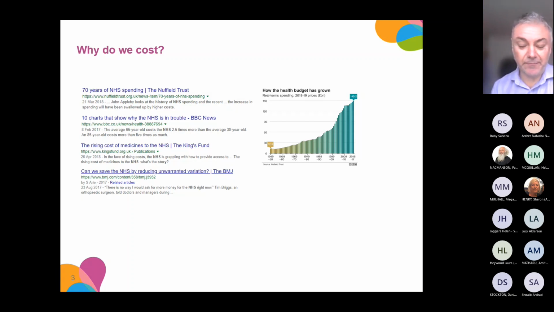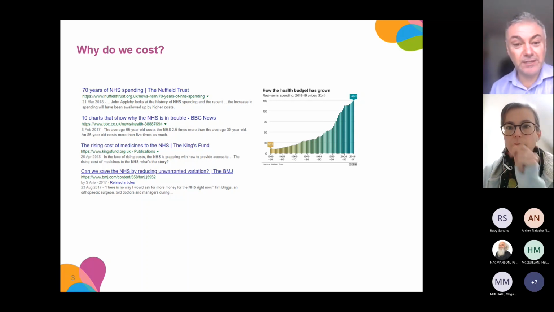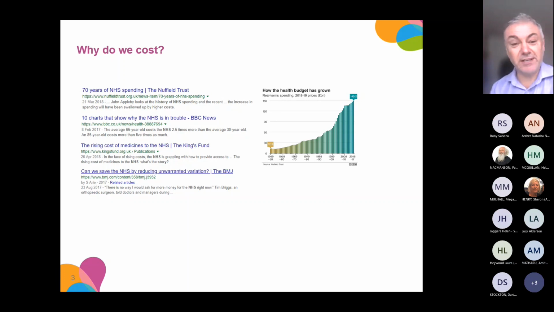We're obviously funded by taxpayers, so we have to look at spending that money wisely in the most efficient and effective way. We've got things like rising costs of medicine, so we look at how providing healthcare has changed over the years.